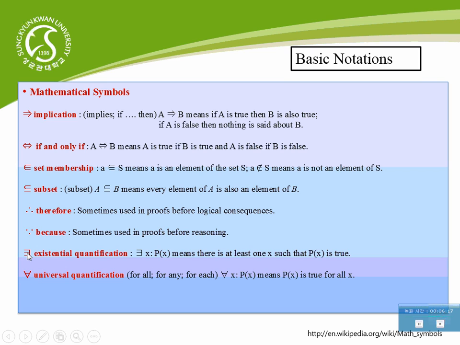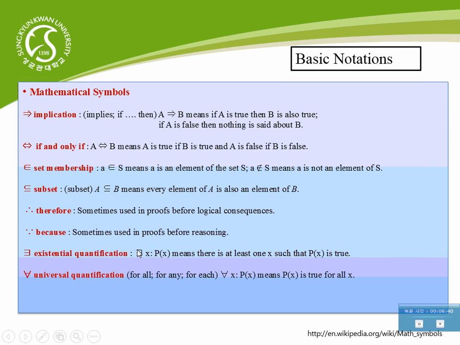This notation is used as an existential quantification, which says there exists x such that P(x). This means there is at least one x such that P(x) is true. There exists x that satisfies this.